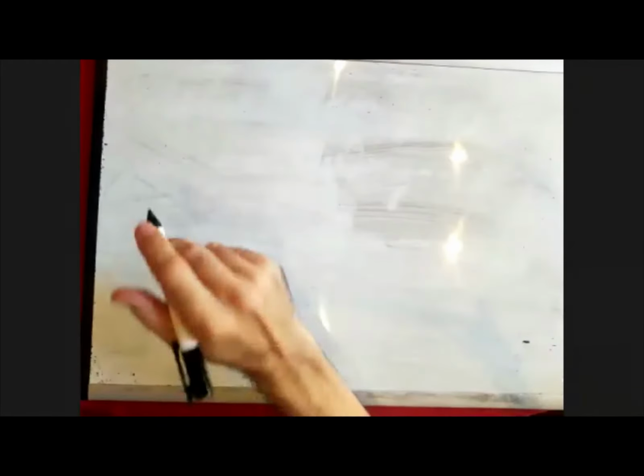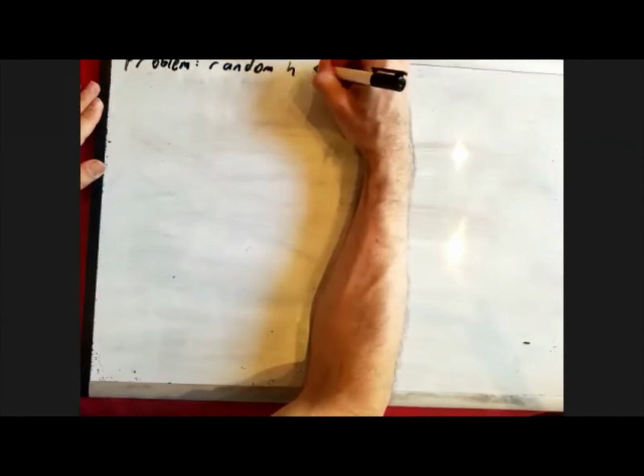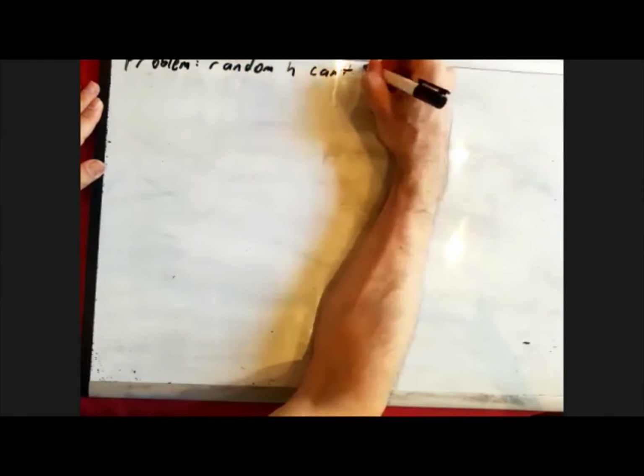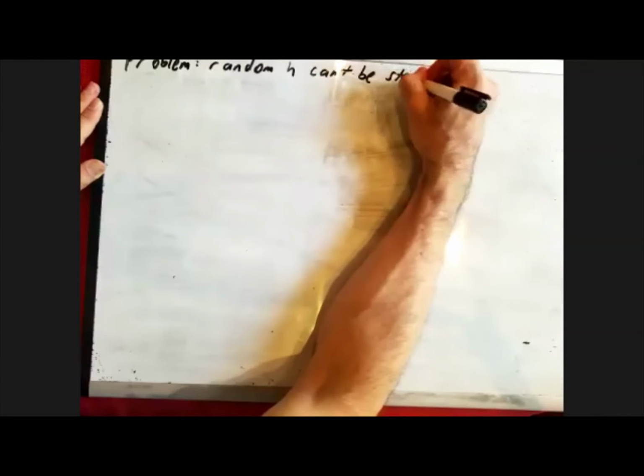There we go. The problem with the random hash function is that a random h can't be stored efficiently. You need to remember your random hash function in order to be able to look things up after you've used it to store things.